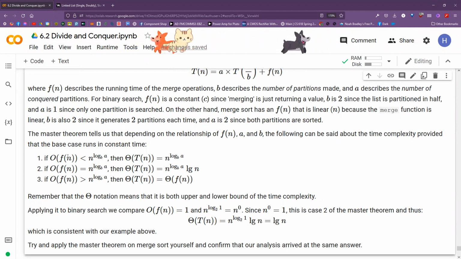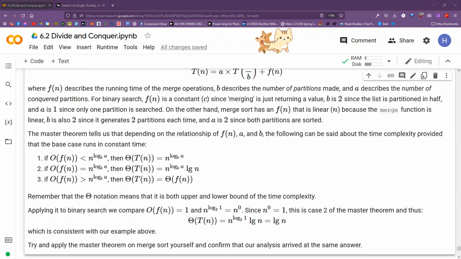So, ayan, if ang ating big O ni f of n or yung complexity ng merge operation is less than n to the log base b of a, then theta of T of n is n to the log b of a. So yung theta notation just means that the upper bound or lower bound is the same sa ating complexity.